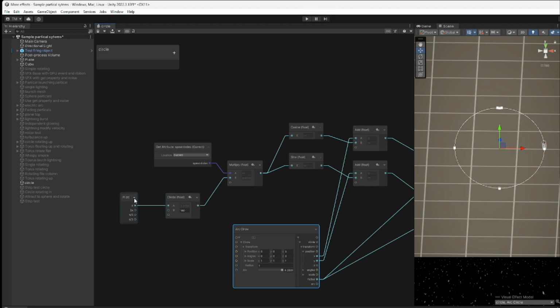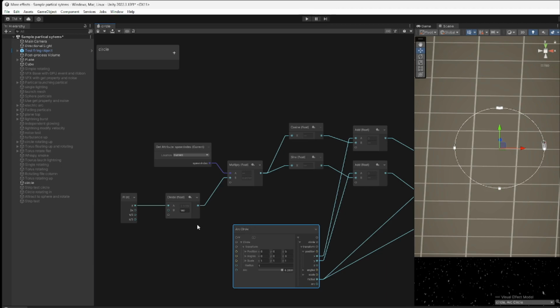In this case I'm taking that index that's going from 0 to 360, and I'm multiplying it by a conversion factor of pi over 180. So essentially this is converting that 0 to 360, which is degrees, into radians, because generally whenever you're doing math in a computer, it's always in radians.